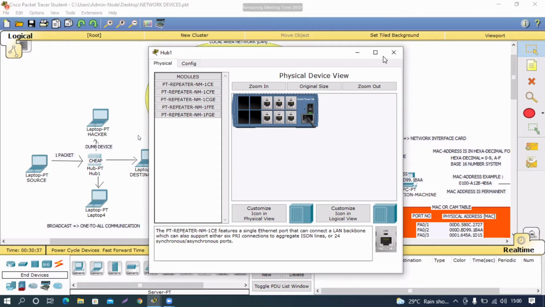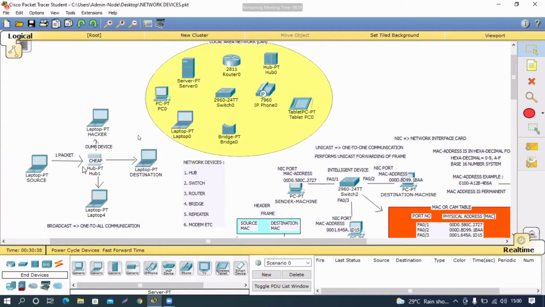When we connect all these laptop and desktop machines, this is when exactly a problem comes in, that is the broadcast problem. Broadcast means when you send something from this machine to this machine, this is your source and destination, then this information gets broadcast to all the other machines.